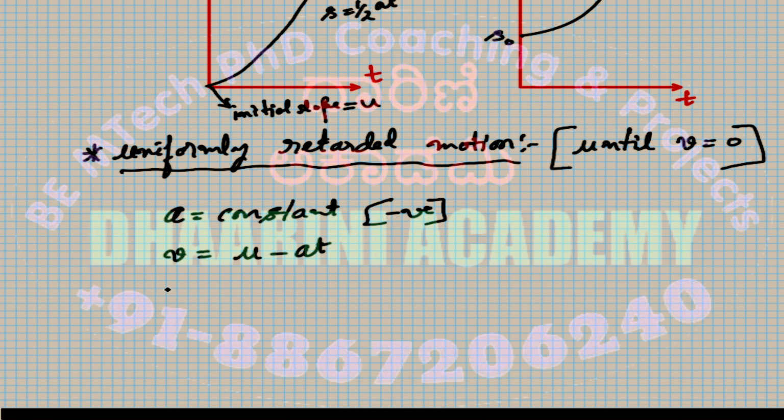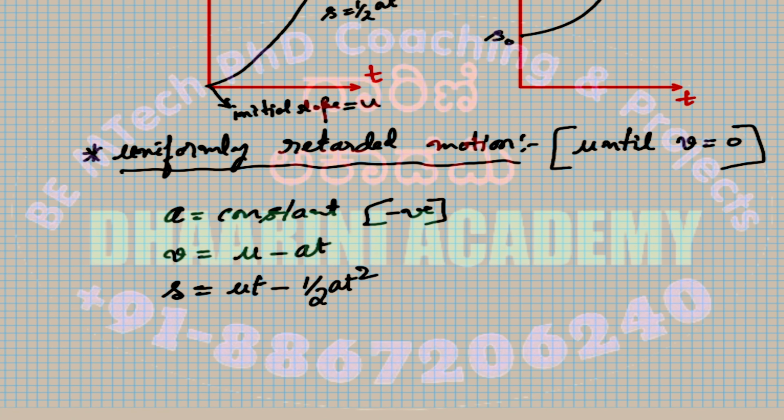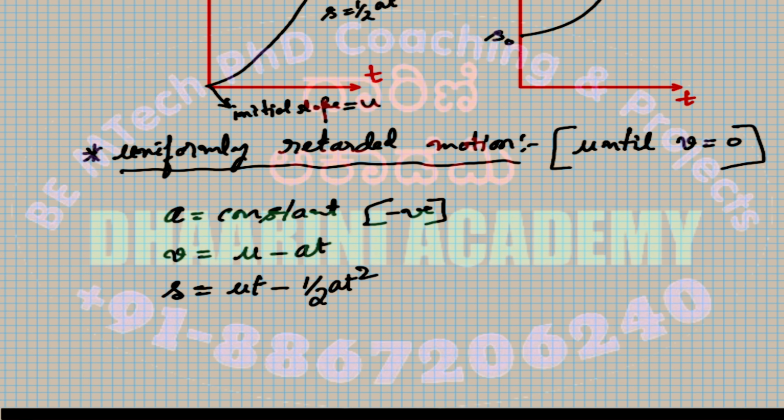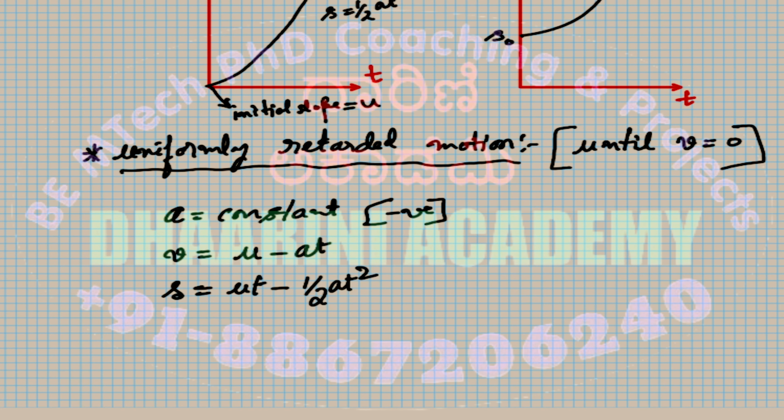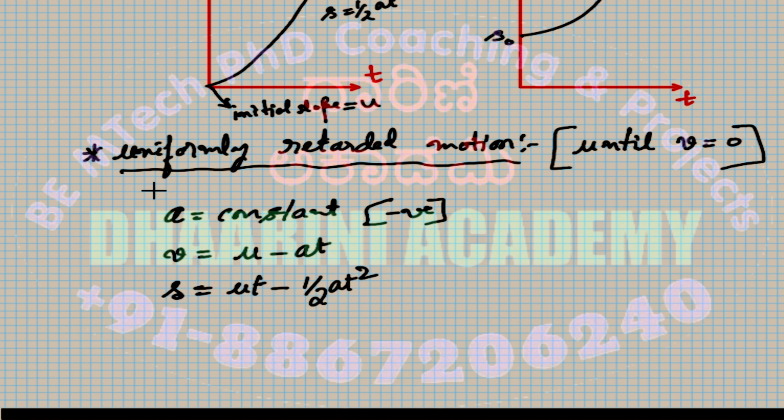And we can write the distance covered, s, as equal to ut minus half at square. Using this, we can find the various graphs associated with the uniformly retarded motion. So again, these are the important equations.